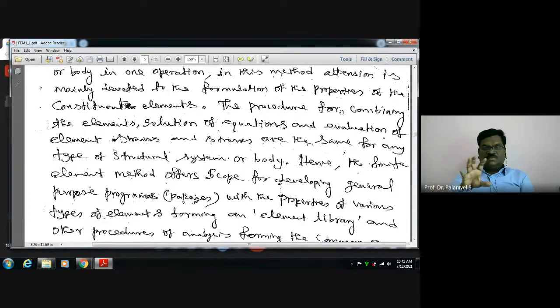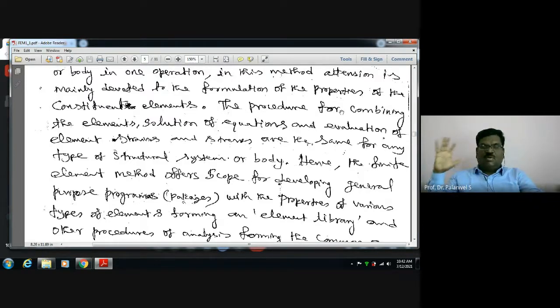Combining the various elements, then solving the equilibrium equations by applying solution techniques, whether frontal solver, back substitution method or Gauss elimination method, and the evaluation of element strains and stresses are the same for any type of structural system or body.